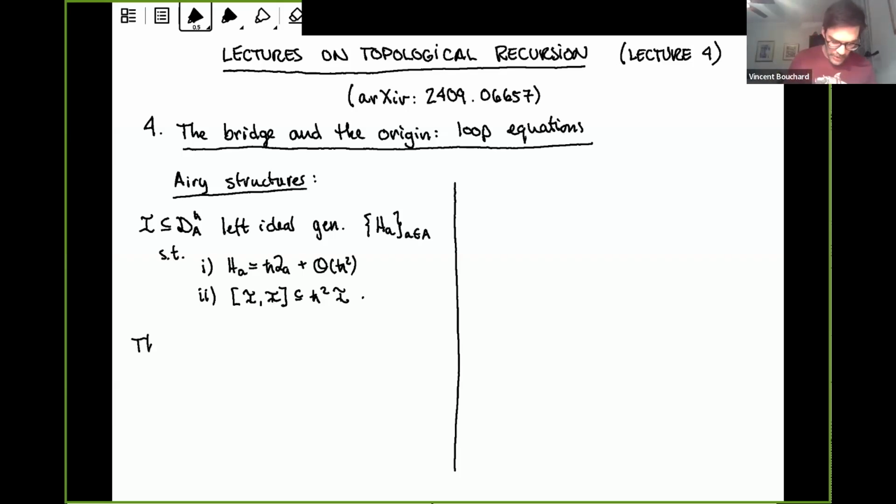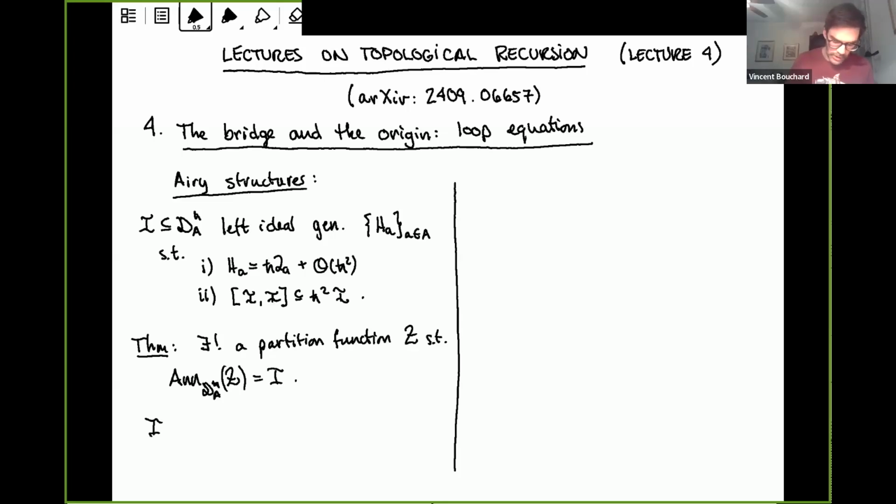And the main theorem in this context is that there always exists a partition function. This is an object Z, which is the exponential of a series in the variables, such that the annihilator of this partition function in the Rees-Weyl algebra is the ideal you start with.